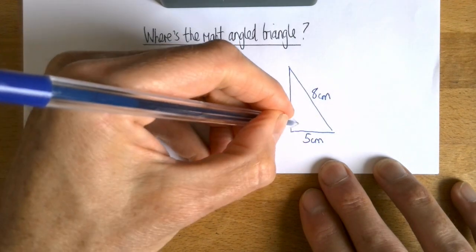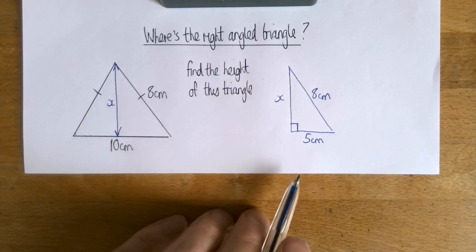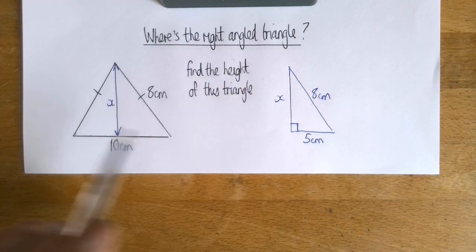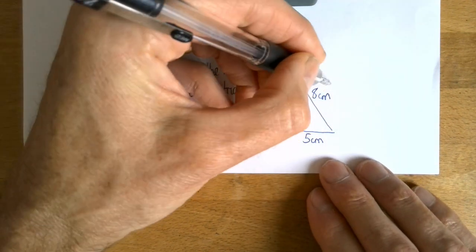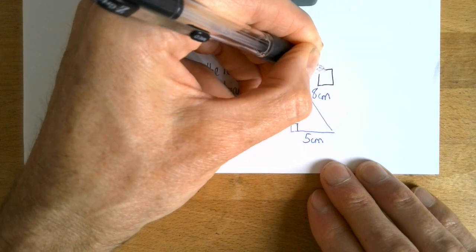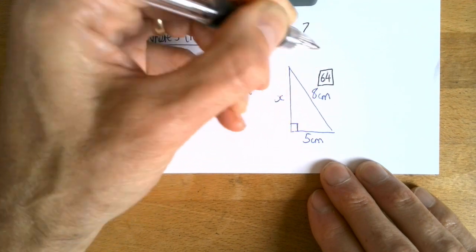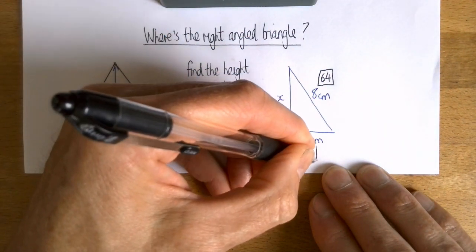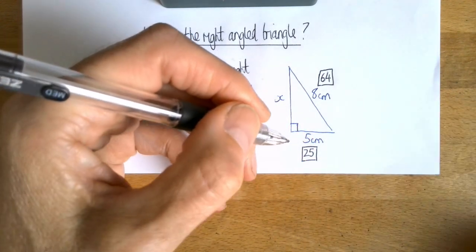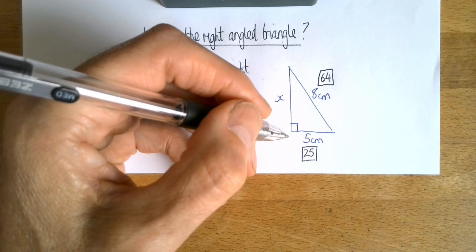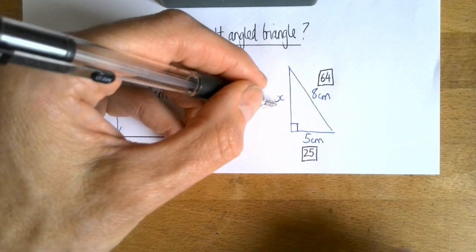Here's that question. Am I working out the longest side or one of the shorter sides? Hopefully you can see that I'm working out one of the shorter sides, so I'm going to take the longest side squared, and I'm going to take away the shorter side squared. So 64, take away 25. That doesn't tell me the length of this side, does it?